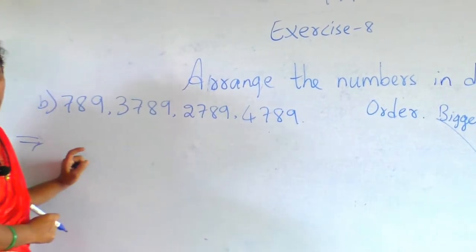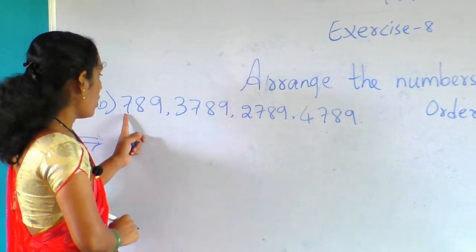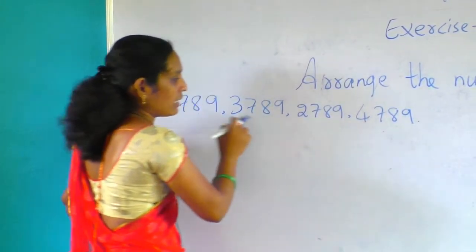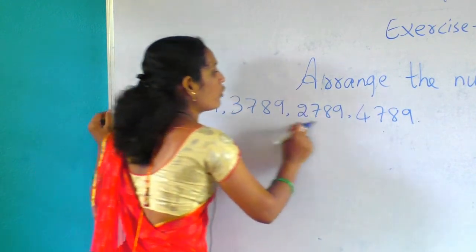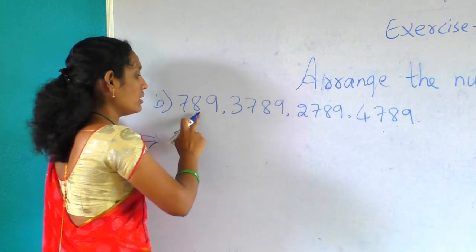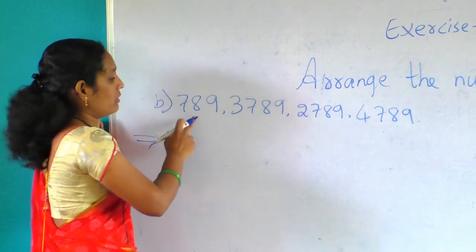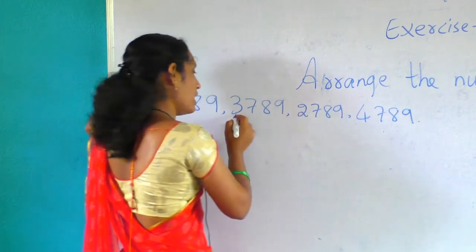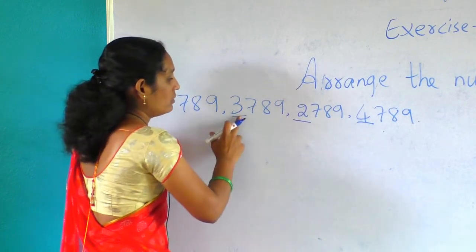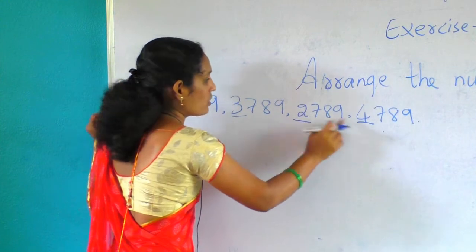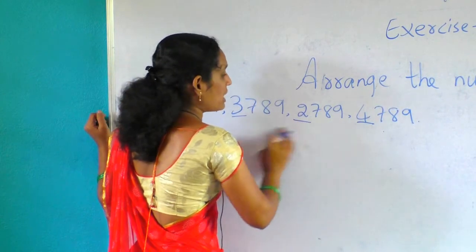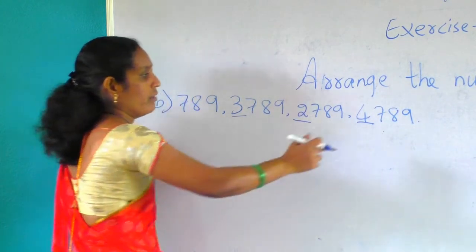See, already they given, you see, this is ones, tens, hundreds. These all three numbers are in thousands places, right? These are all 4-digit numbers. This is a 3-digit number. Then we can't write this first. We can't write in the first place. Then we should see the place value of these three numbers. See now, 2 is bigger or 4 is bigger. Tell me which number is bigger in thousands place? 4.